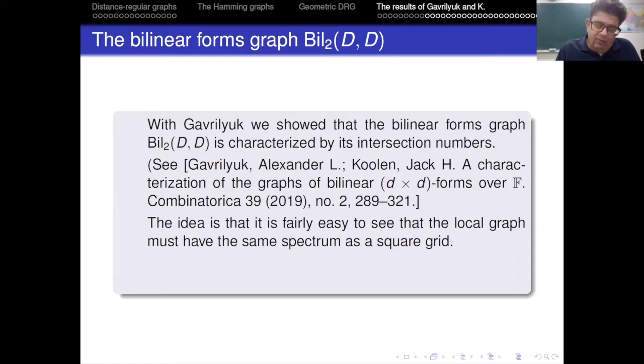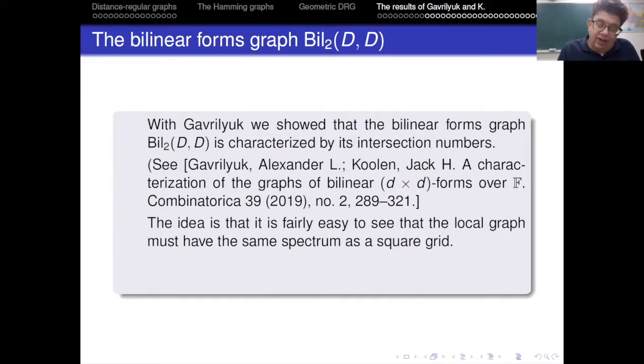The proof is not so easy, let's say so, because you still have the same problem as for Grassmann graphs 2DD, because you still have two blast cliques in the local graph. So you cannot easily do the geometry of that, the geometric distance radial graph.